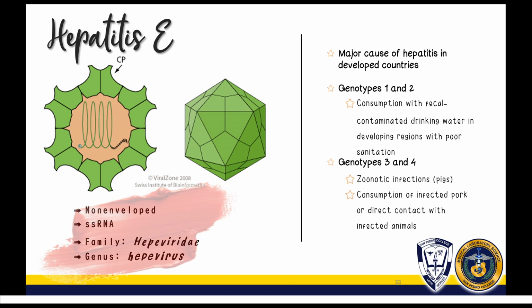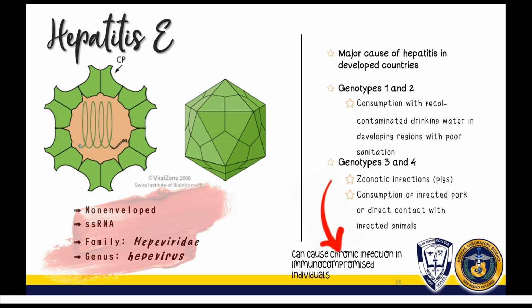Genotypes 3 and 4 are acquired through zoonotic transfer, meaning hepatitis E genotypes 3 and 4 come from animals, particularly pigs. And as humans, we acquire hepatitis E genotypes 3 and 4 through consumption of infected pork or direct contact with the infected animal.